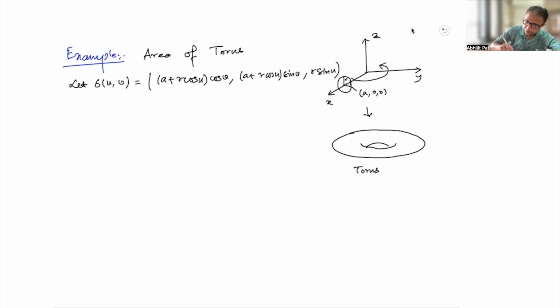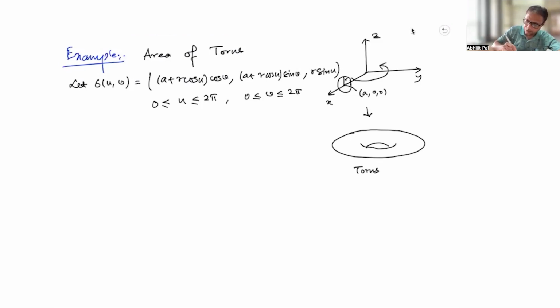Here u is between 0 and 2 pi, and b is also between 0 and 2 pi.